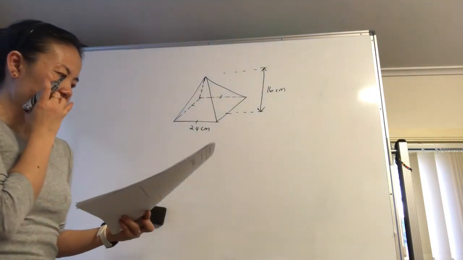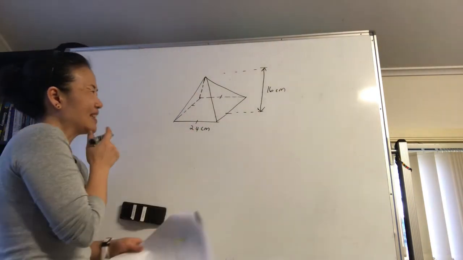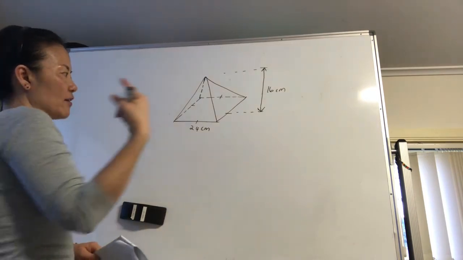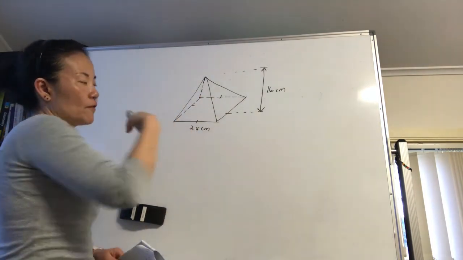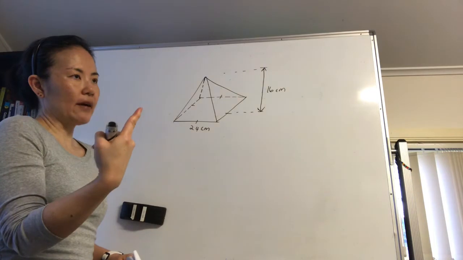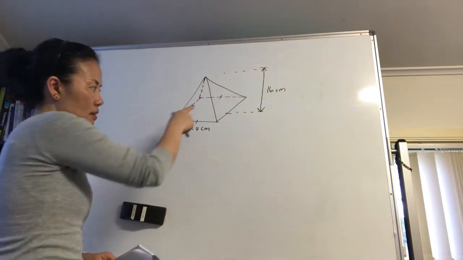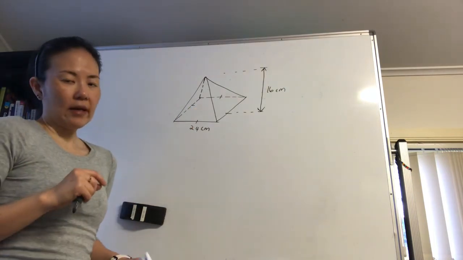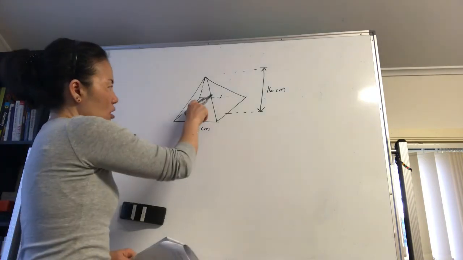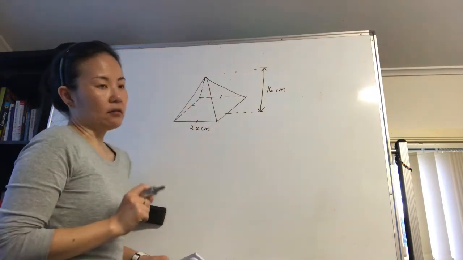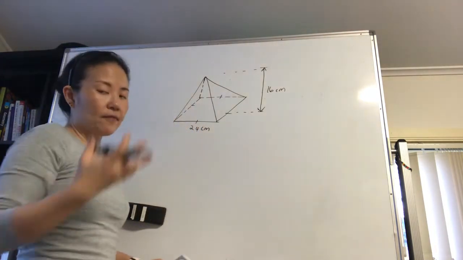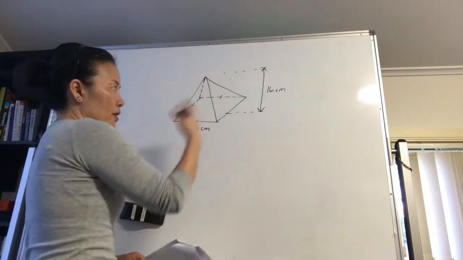Alright, now we have to find this surface area. The surface area has 4 triangles, area of the triangle, plus the base, which is a square. So I need to find the area of a triangle, and then if I can find that, I'll just times by 4, because everything is the same.